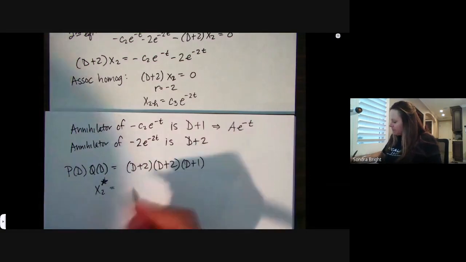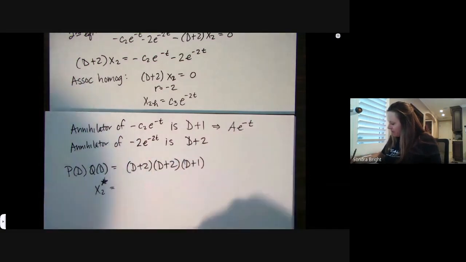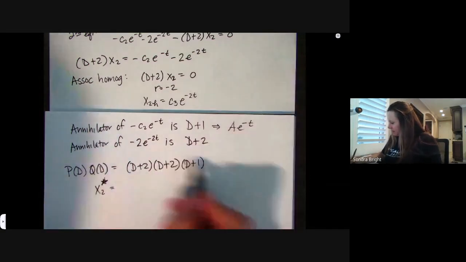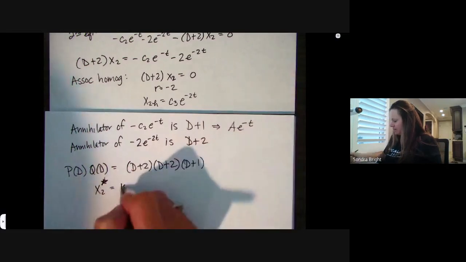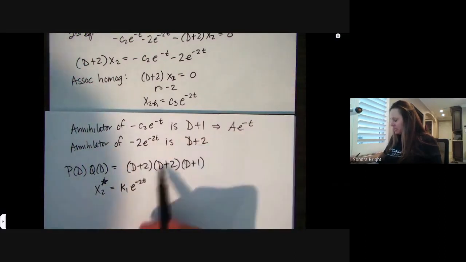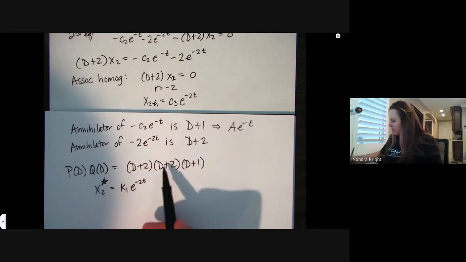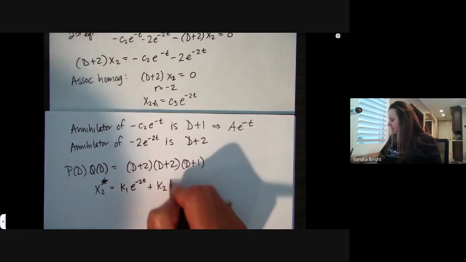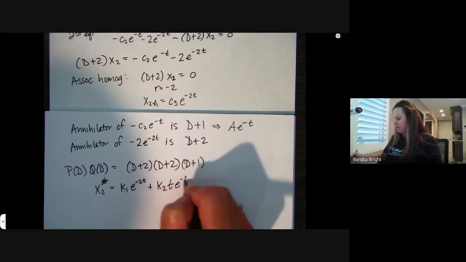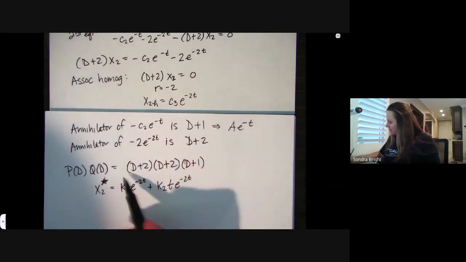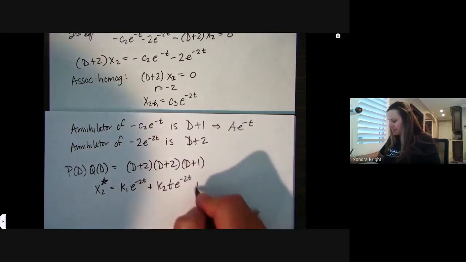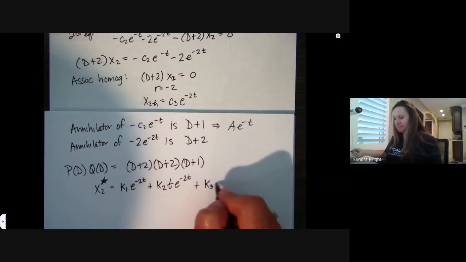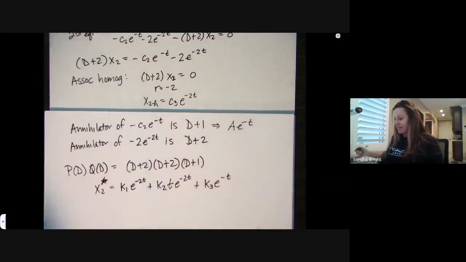This guy would be some constant times e to the negative 2t. Remember how you handled multiplicities? This is a multiplicity of 2, plus some other constant times t times e to the negative 2t. And then you would have some other constant times e to the negative t.